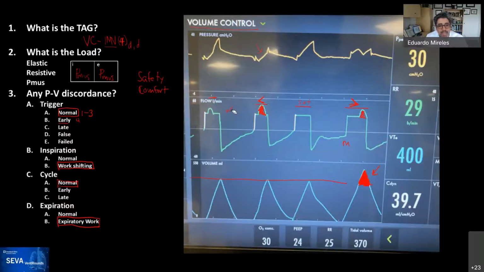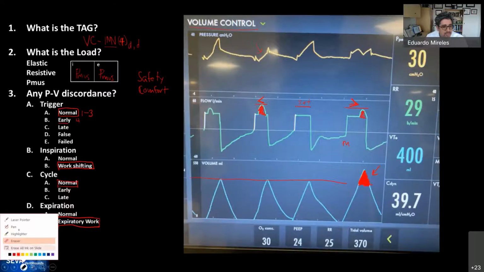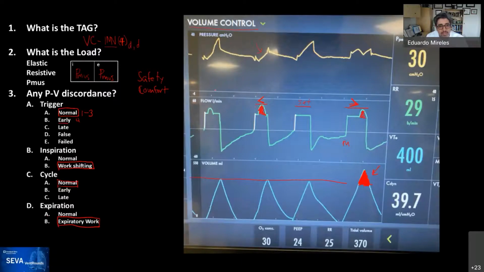So the size of essentially this pressure or the flow elevation is proportional in a way to the amount of Pmus that the patient is generating. So you can see here that the patient triggered and this amount of Pmus was the size of this flow, and over here it did much more Pmus and it drops the pressure even more on the flow.